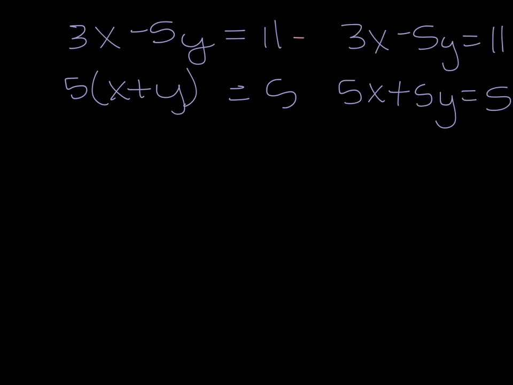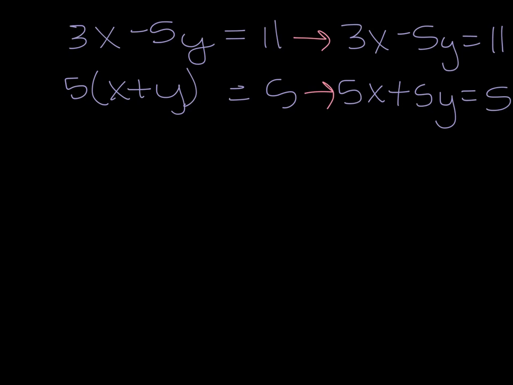So the first thing I had to do was I had to get the two equations ready. Alright, now that I have the two equations, 3x minus 5y equals 11 and 5x plus 5y equals 5, I'm going to ask myself, can I add or subtract them and eliminate the variable? If I take negative 5y plus 5y, that would eliminate.